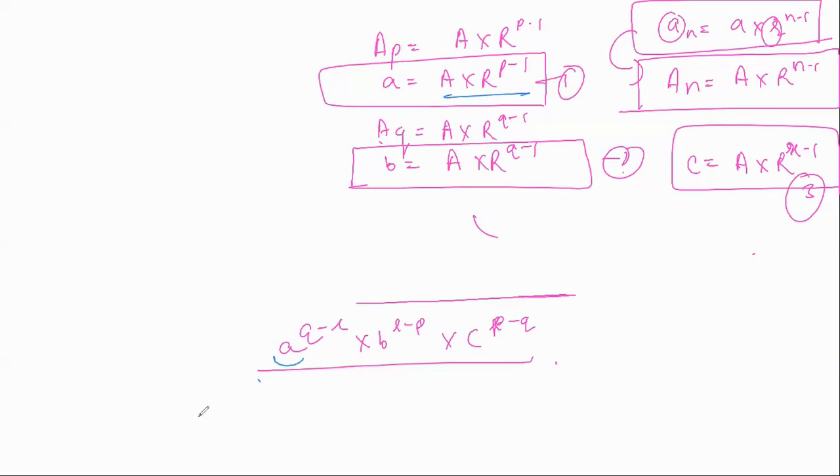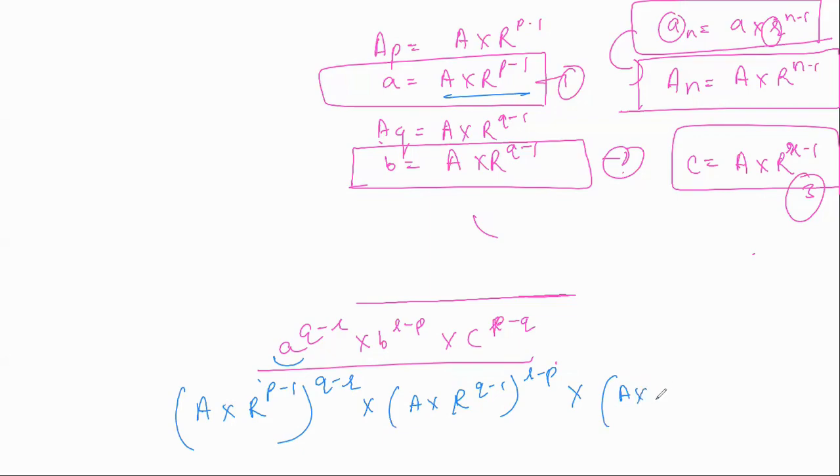A is this one: capital A is a times r raised to the power p minus 1, whole raised to the power q minus r. Then times b, which is a times r raised to the power q minus 1, and the whole power is r minus p. Times c, which is a times r raised to the power r minus 1, and it is p minus q.